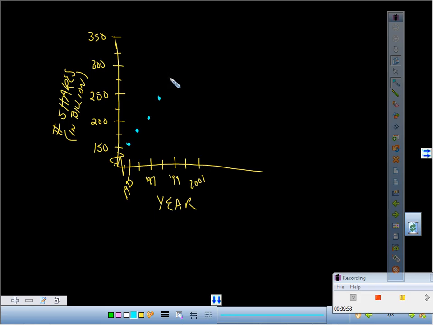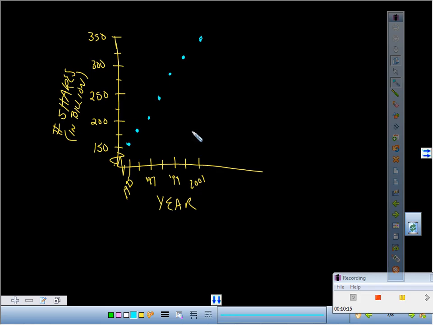Here's 275, so 280. 2000 will be 313.9. 2001 will be 341. Sure. Okay. Does it look pretty linear? Yeah. Looks pretty linear. Okay.